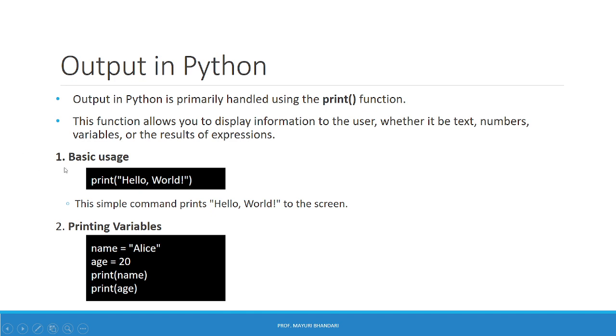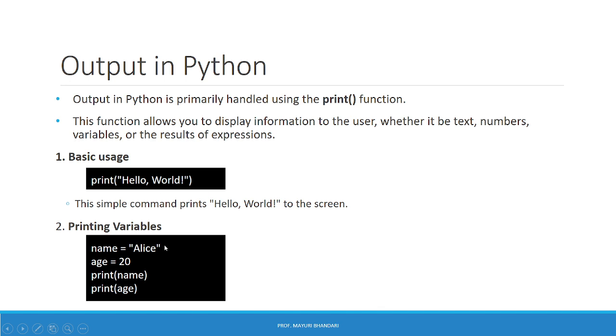Okay. So the very basic usage, if you want to print simply hello world, what we will do is print in brackets this one string, right? So this is how we can print a string on the screen. On your output console or output screen, you can display any message using the print function.